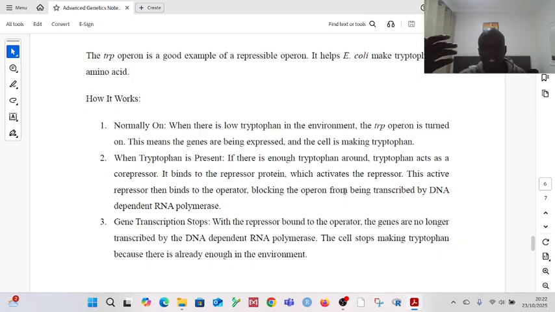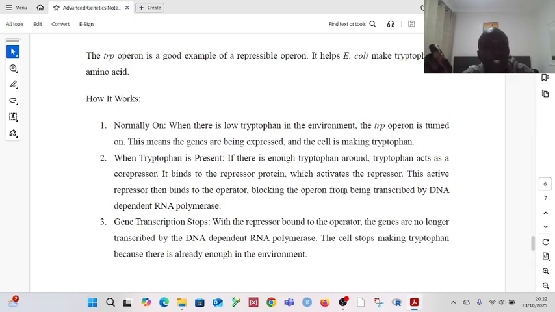So in that case, the cell stops making tryptophan just because there is already enough tryptophan within the environment of that particular cell. So in that way, the trp operon, which is a repressible operon, has helped to save wastage.